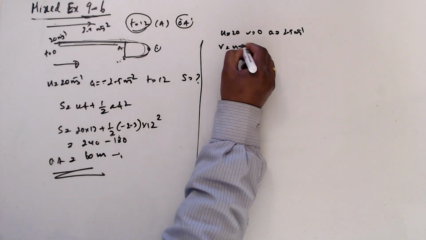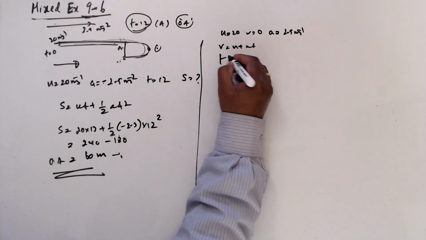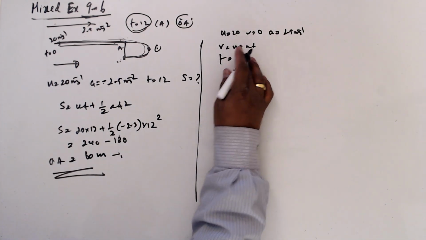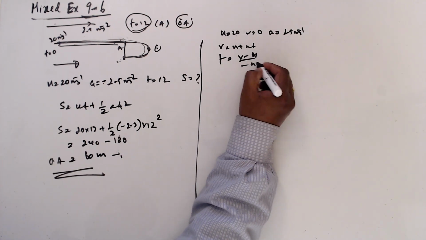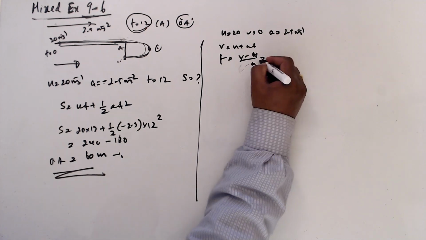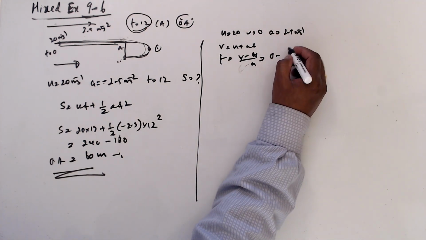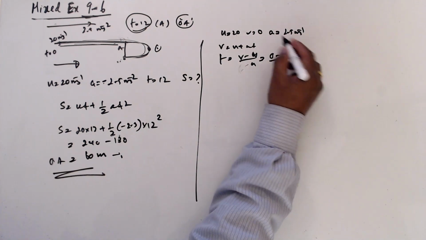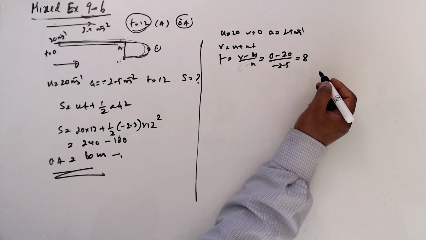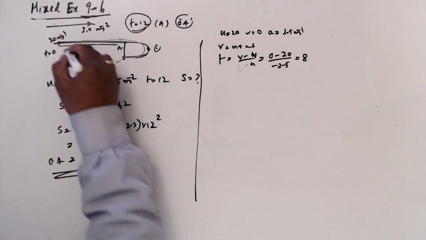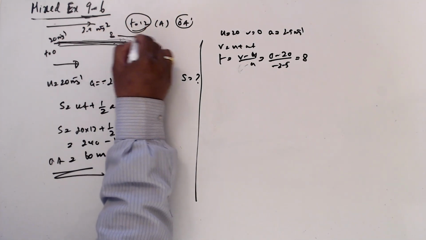So v equals u plus at. I'll check the t: t equals (v minus u) divided by a. So v is 0, u is 20 and a is minus 2.5. So this is going to be 8. From here to here the journey takes 8 seconds.